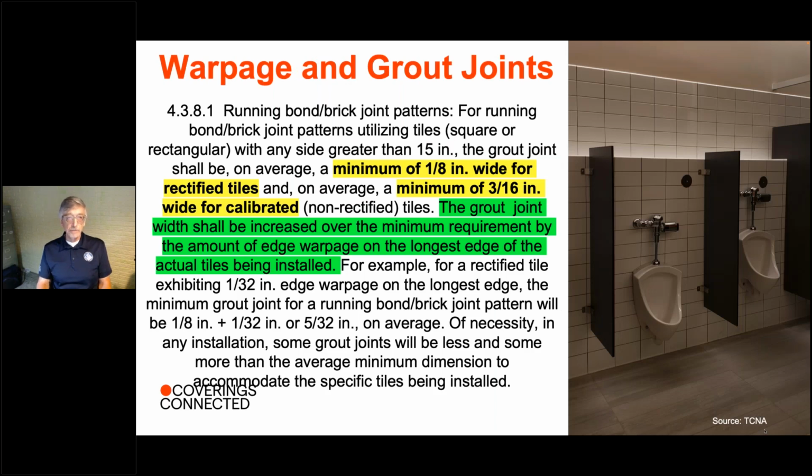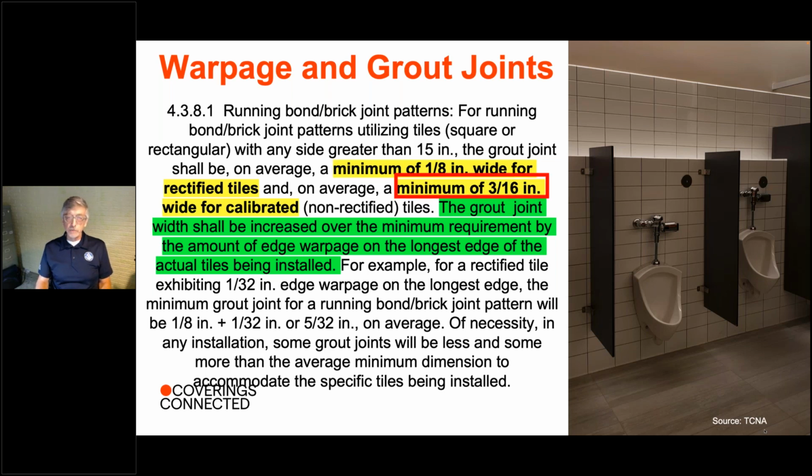A lot of words here, but when it comes to warpage and grout joints, what this page says is that for rectified tiles, tiles that are greater than 15 inches on a side, you need at least a 1/8 of an inch grout joint.